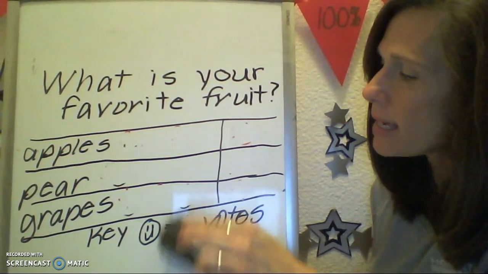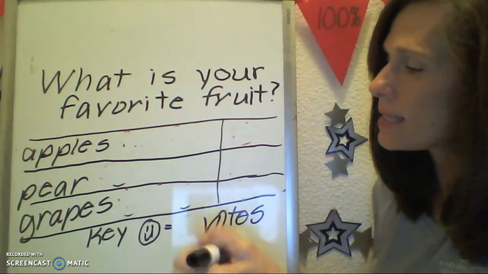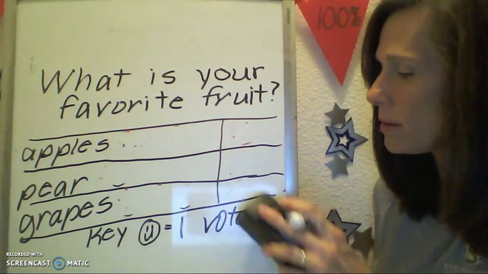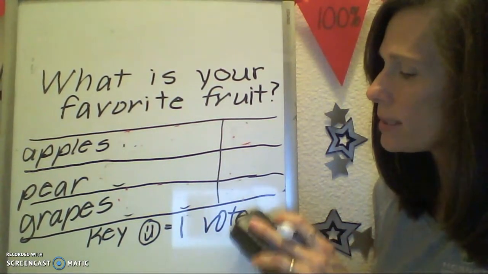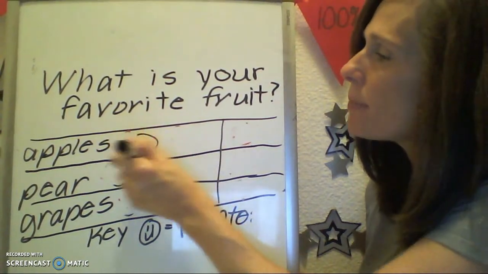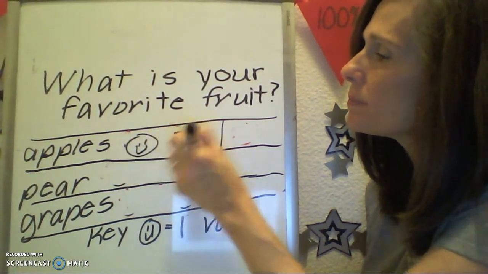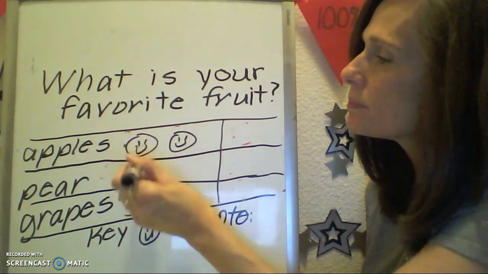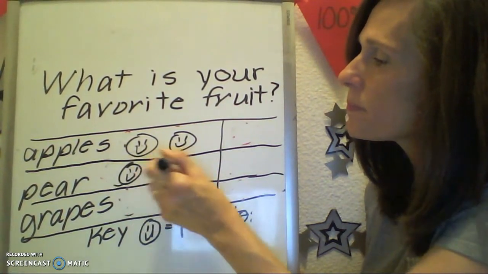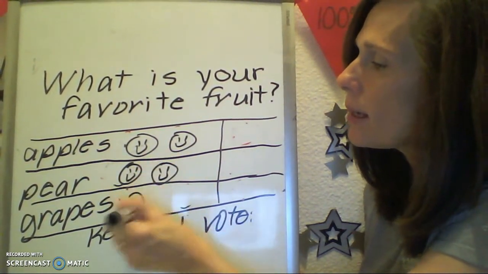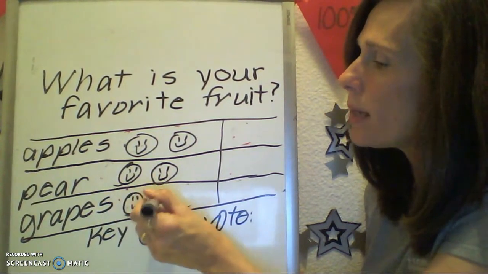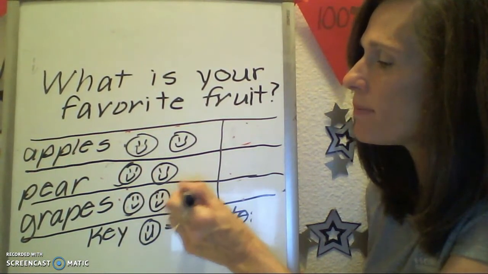Now the key says 1 happy face equals 1 vote, right? So let's go ahead and add our happy faces again. Okay, and we will add it up with just 1 vote per happy face.